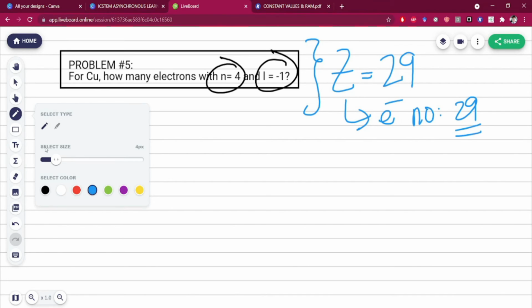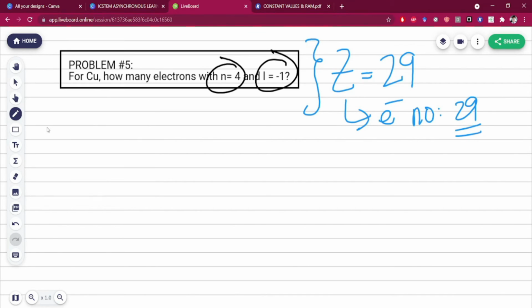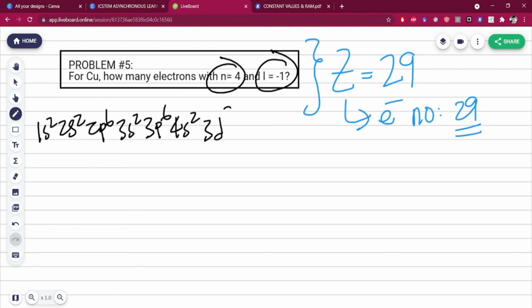So if you do the spdf notation, 1s2, 2s2, 2p6, that is 10. We need to have 29. So another 10 would be 3s2, 3p6, 4s2. That is 20.